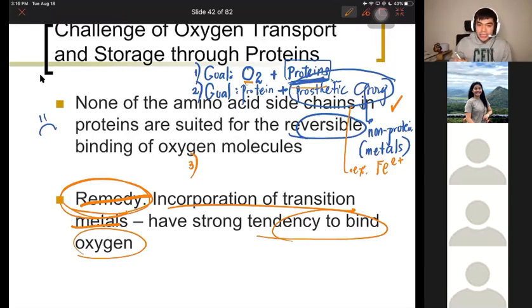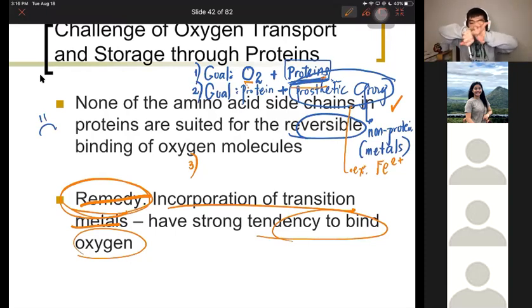Ang proteins ay gawa sa amino acid. Kaya lang ang problema sa amino acid, wala sa kanila ang may kakayahan na dumikit sa oxygen reversibly. Kaya ang solusyon, instead na protein ang dumikit, kailangan may kasama ang protein na didikit sa oxygen at siya ang magbibigay eventually.